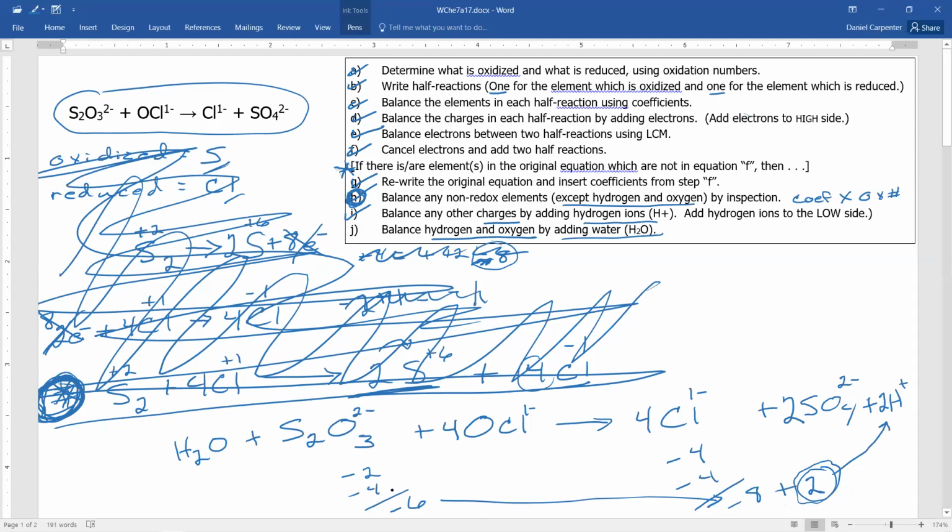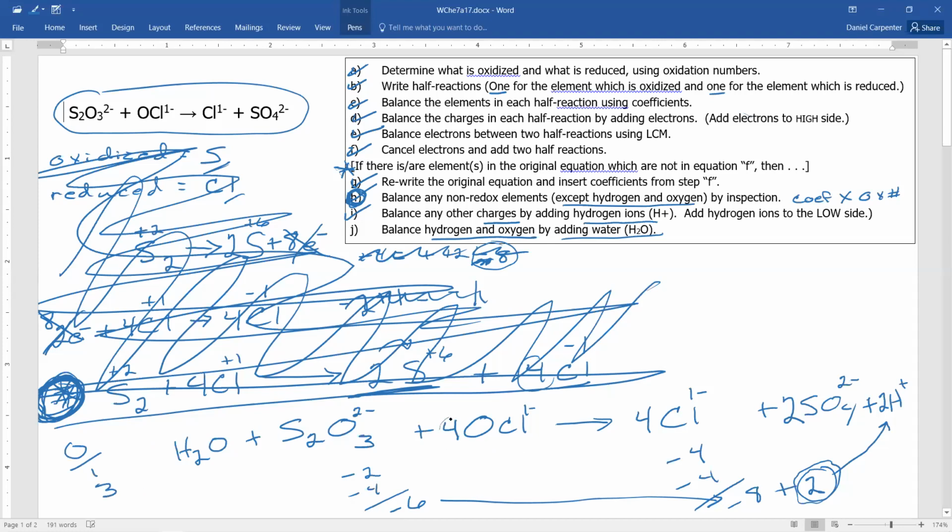Now, if we did this right, we should have the same number of oxygens on both sides. So let's add them up. Here we've got 1 times 1 is 1 oxygen. 1 times 3 is 3 oxygens.